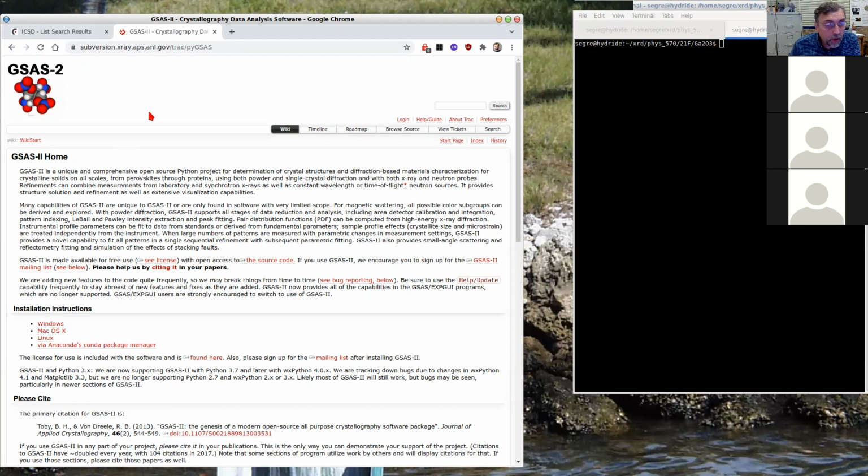It can do some work on PDF, pair distribution function measurements as well. So it's really a one-and-all type of program. It's all written in Python, and it's continually maintained by Brian Toby and Bob Von Dreele. Down here, you can see the primary citation.